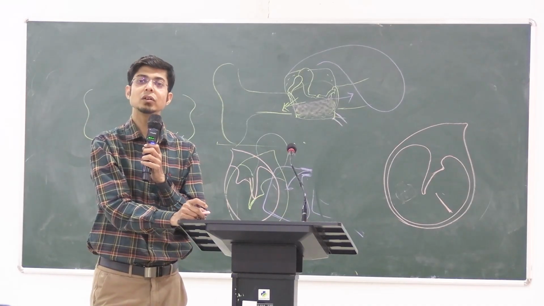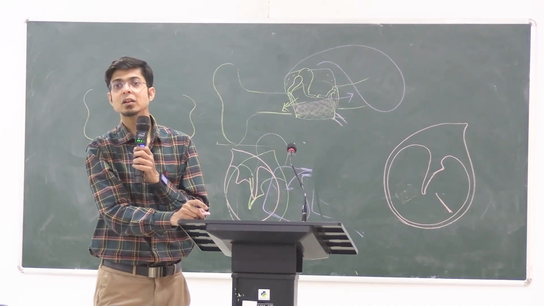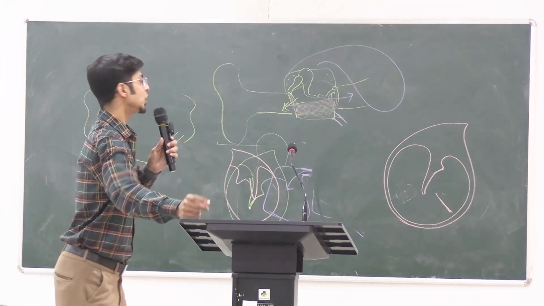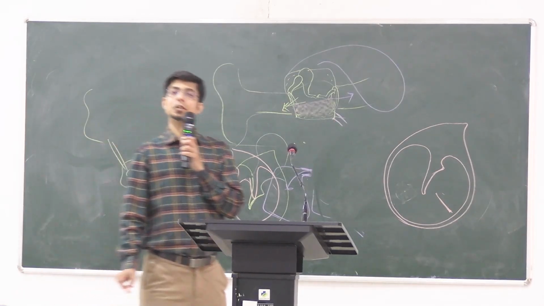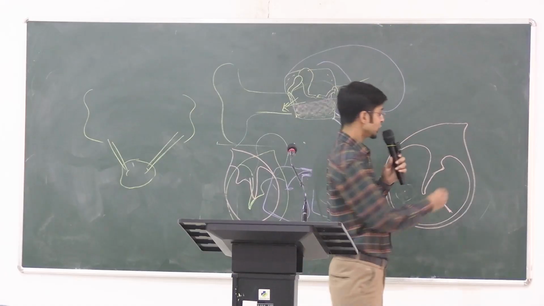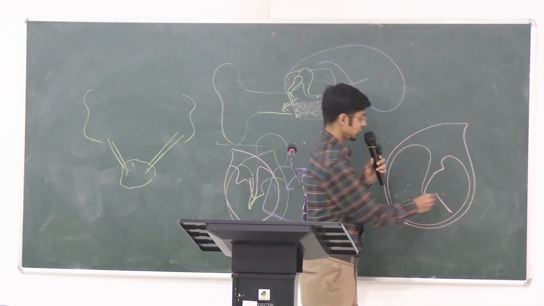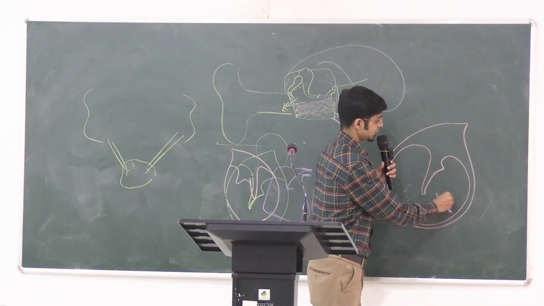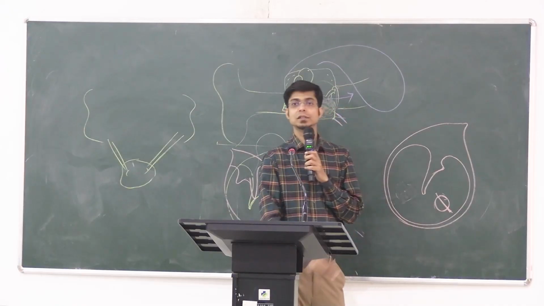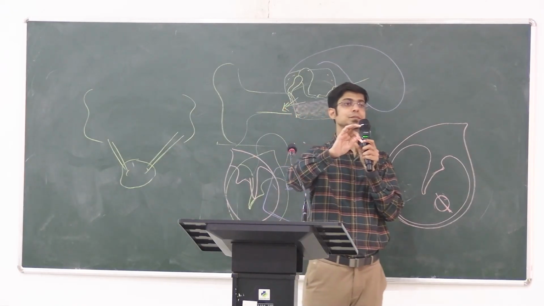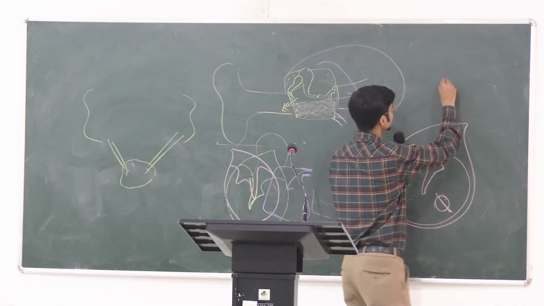So what will we do for the time being? We put a tube called a grommet through this perforation like this. There are two ends. It's like a tube. It looks like this.